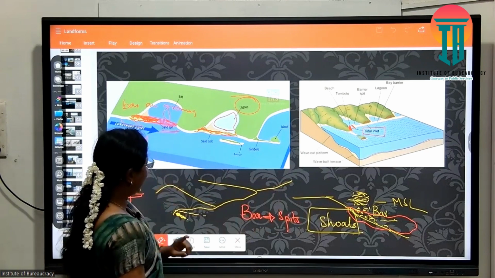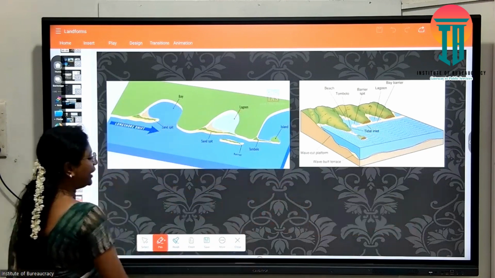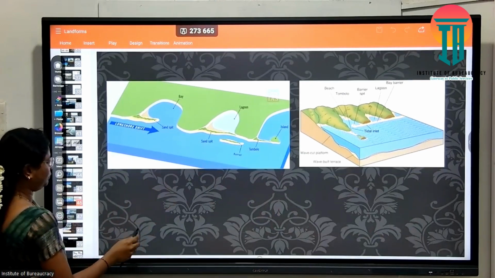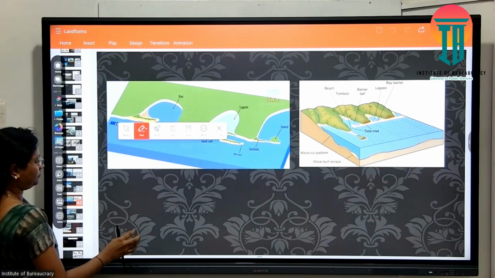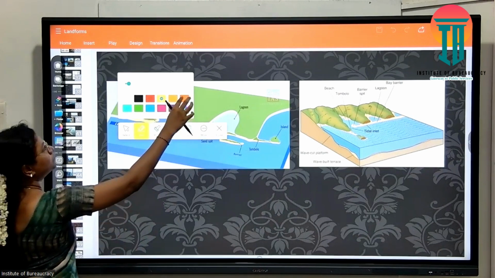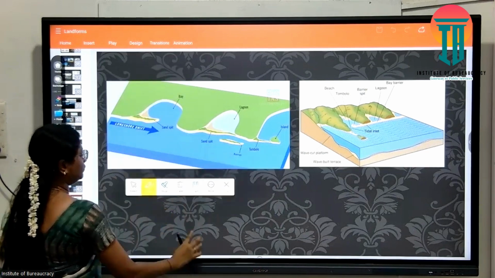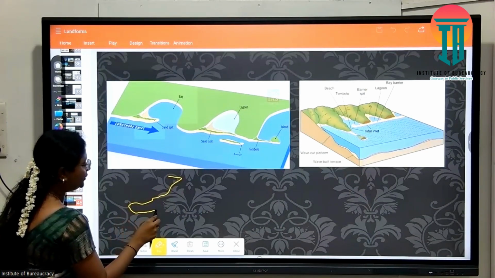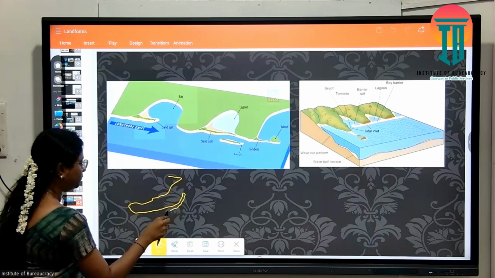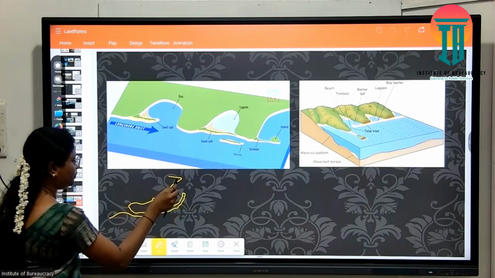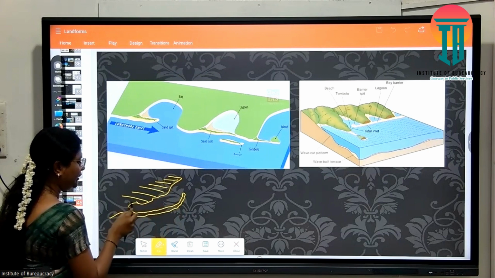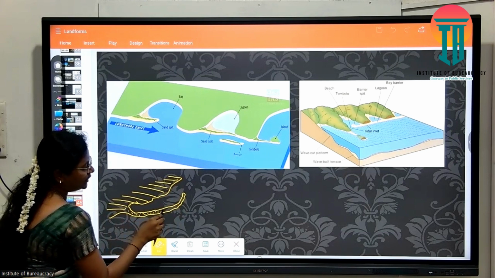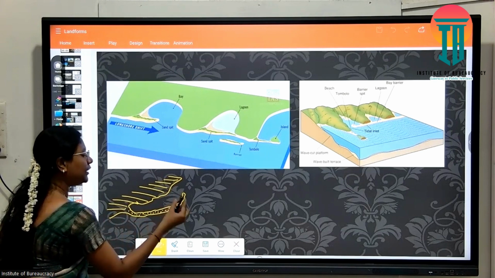And spits again are of different types. If this is my land area and this is my spit that is growing, the bars growing from here may grow in size and appear to have a curving nature.